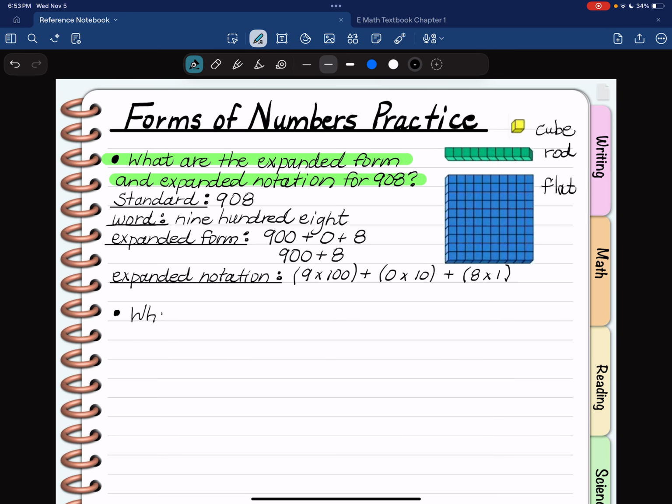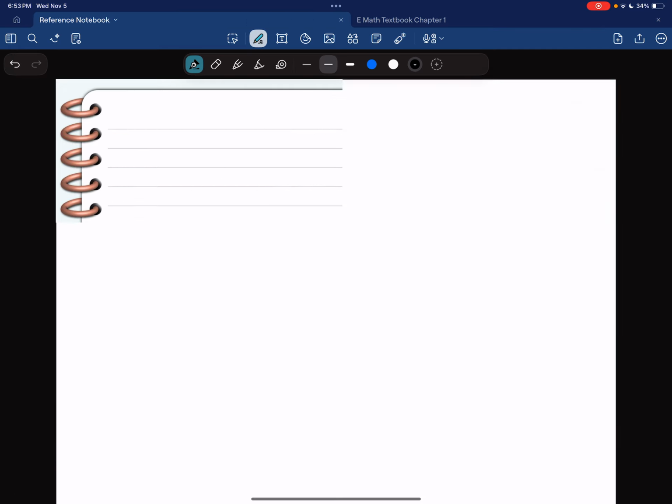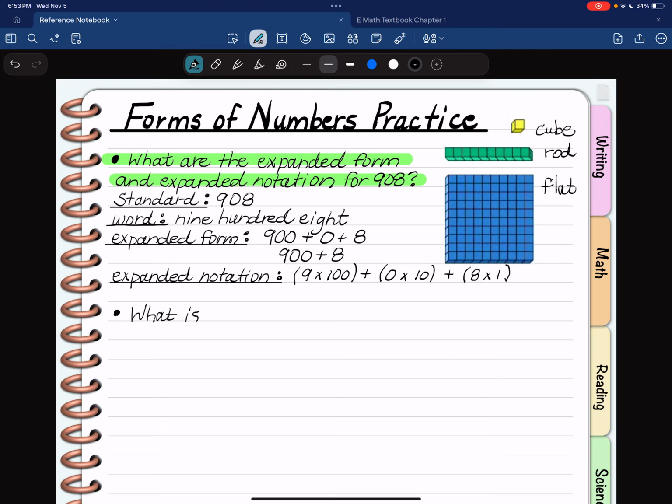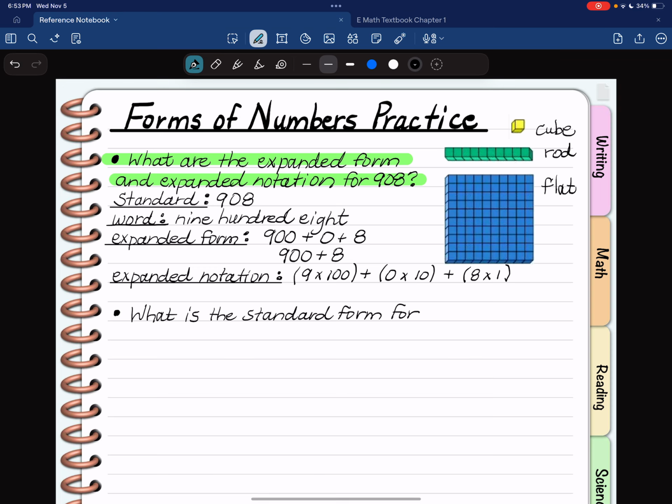What is the standard form for 352, and they wrote it out.